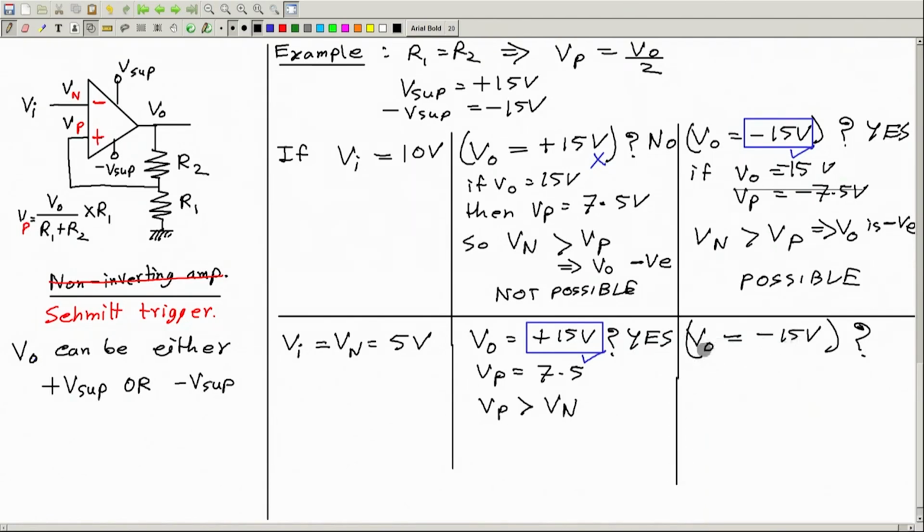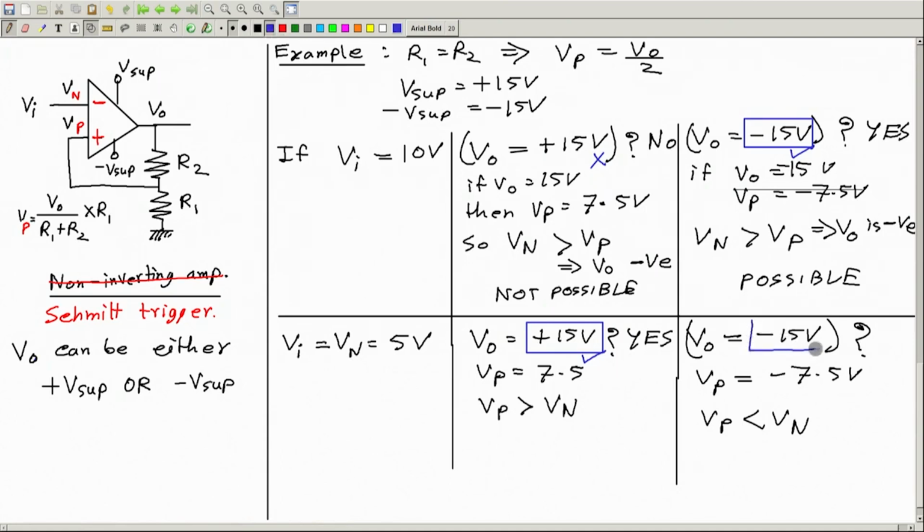If Vo is minus 15, then Vp should be minus 7.5, and then Vp is less than Vn, because this is 5 volt and this is minus, so this is less than. So output should be negative, and yes, the output is negative. So this is also possible. Surprisingly, this is also possible.